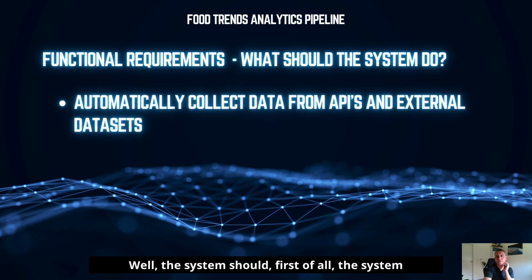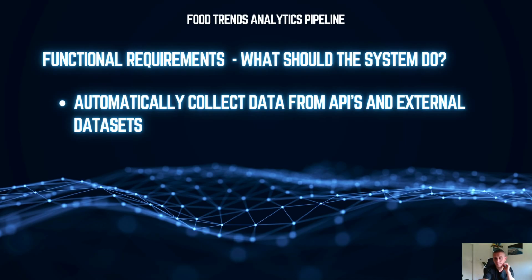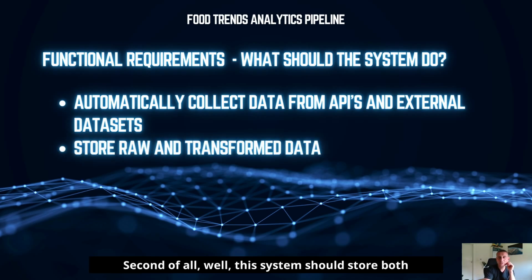Well, the system should, first of all, automatically collect data from different APIs and external data sources and combine them somehow. Second, this system should store both raw and transformed data.